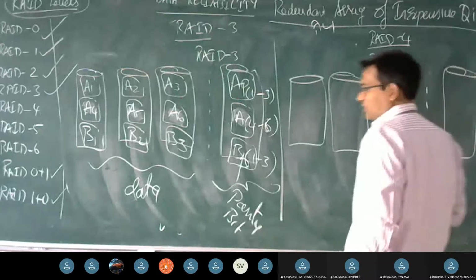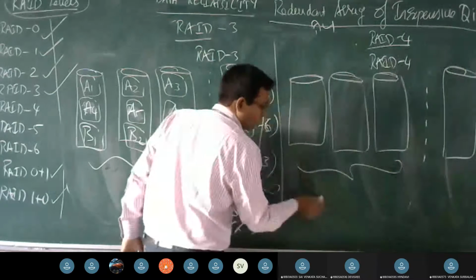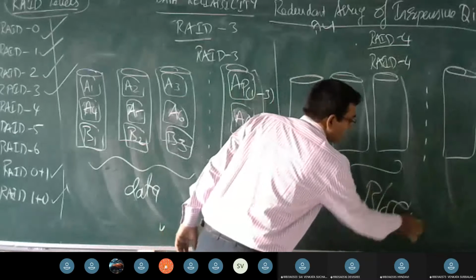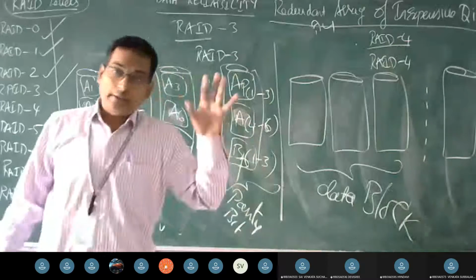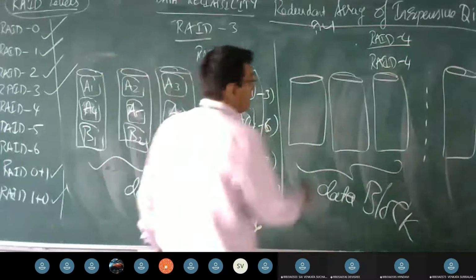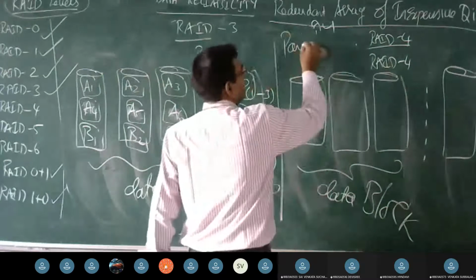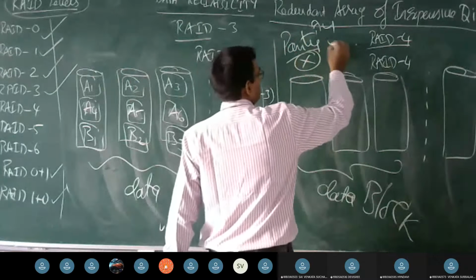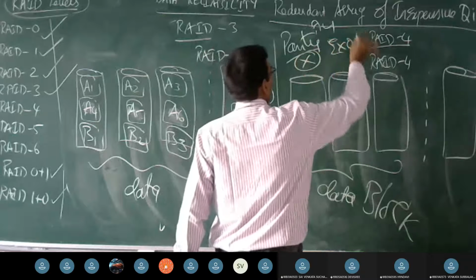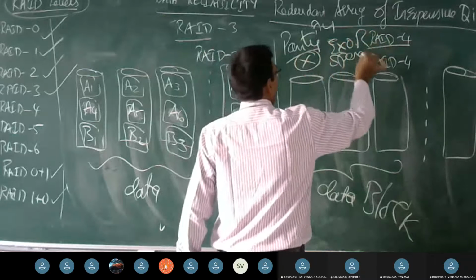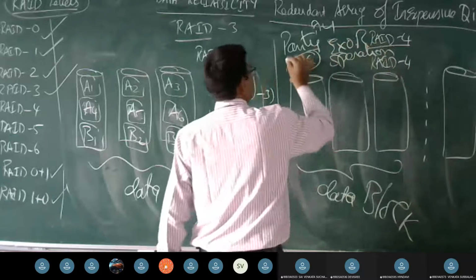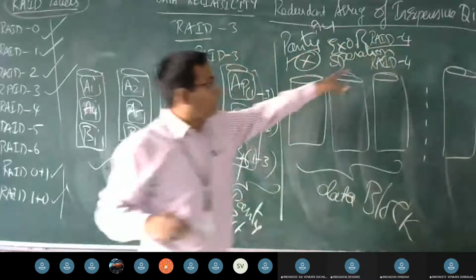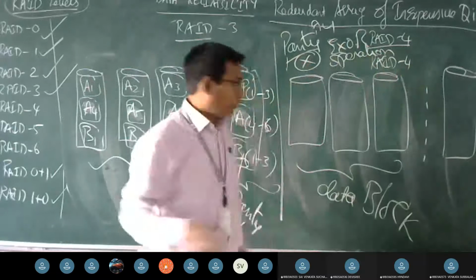Here we are going to have data blocks, and for this data block, parity is going to be done with XOR operation. Parity bit is going to be taken up with the XOR operation. So that was the keynote of what this RAID 4 is going to be talking about.